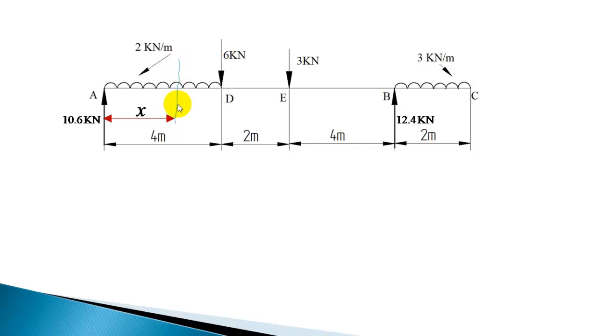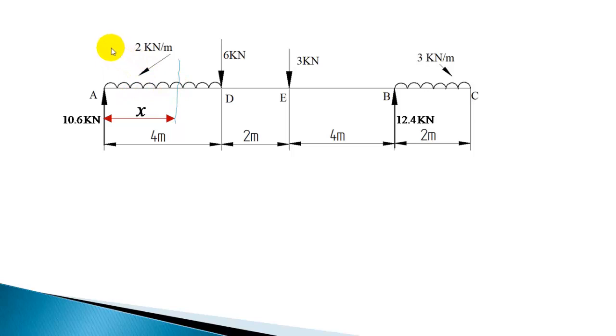So 10.6 minus 2x will be the shear force, and that equation shows that it is a linear variation. So shear force will vary linearly, at 10.6 here, and immediately left of D it will be 10.6 minus 8, 2.6. So from 10.6 to 2.6 the variation is going to be linear, because at a distance x the shear force is 10.6 minus 2x, a straight line equation.